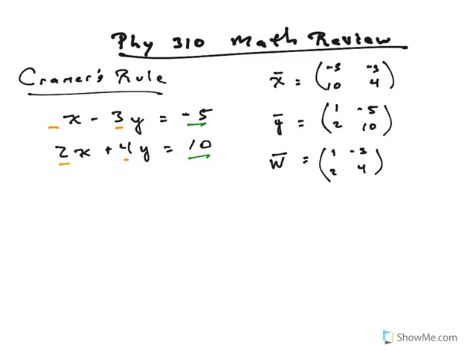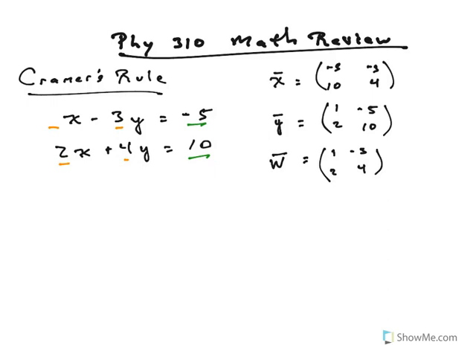And again, if you have a system of equations with more than 2 equations, maybe let's say we have 4 equations with 4 unknowns, then I'm going to set up 5 matrices, 1 for each variable plus the W. The W will be a matrix with elements that are purely just the coefficients in front of all the variables.